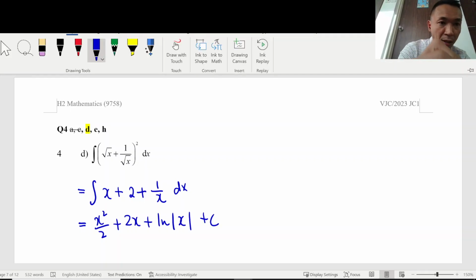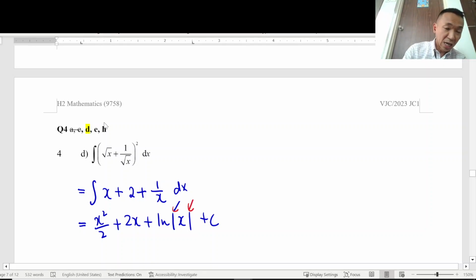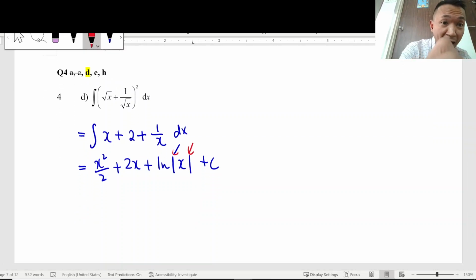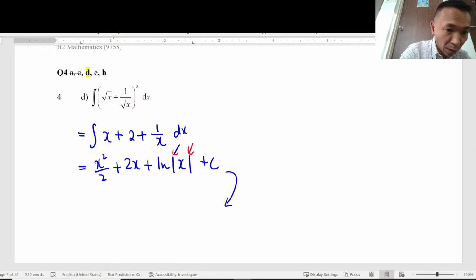So again, I want to emphasize it must be mod. Again, you then have to ask yourself, can you remove the mod? The answer is yes, because by looking at the question, it is inherently implied that x is positive.